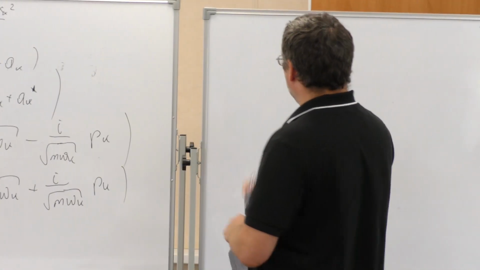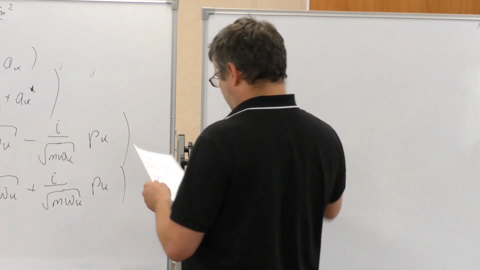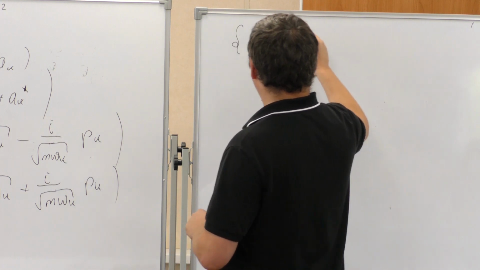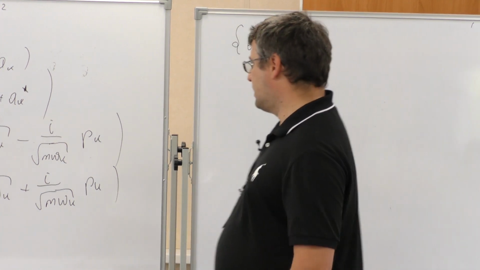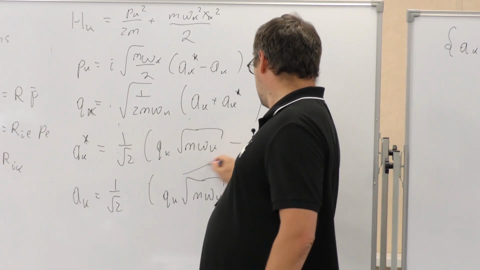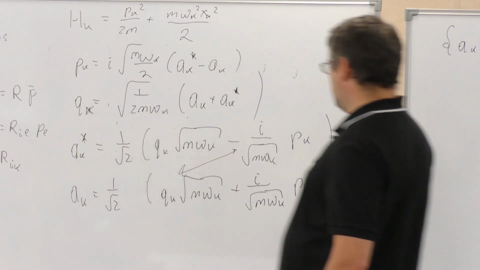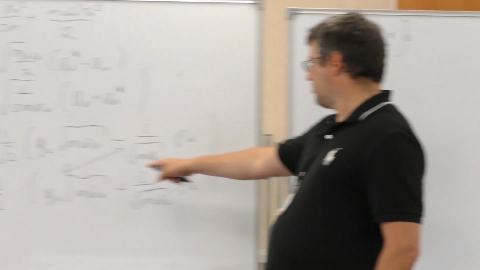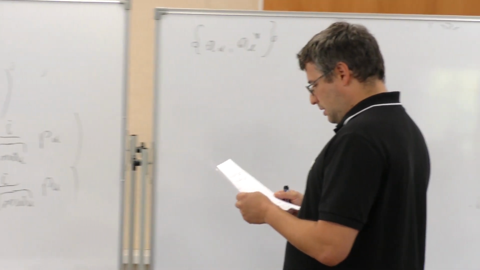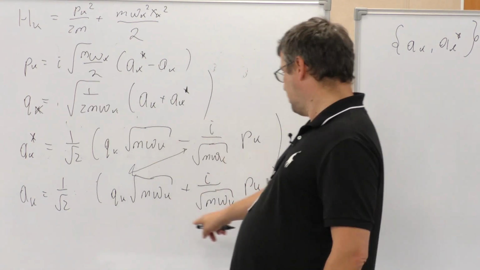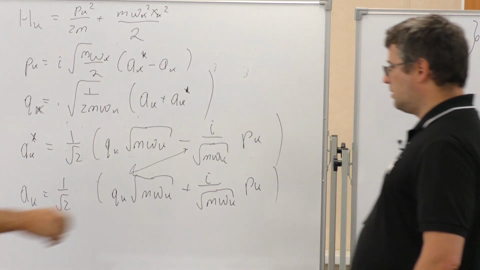So now I can compute what's the Poisson bracket between, say, A_k and A_k star. And again, I can do it in my head. So when I compute A_k and A_k star, I will get minus i times Poisson bracket of Q and P, and then plus i times Poisson bracket of P and Q. These factors will cancel.